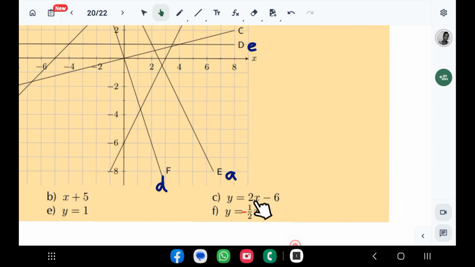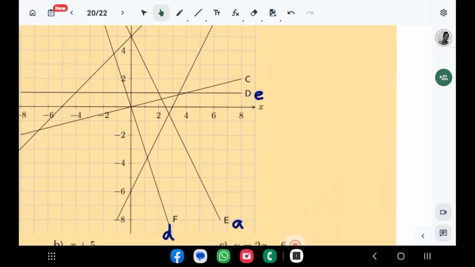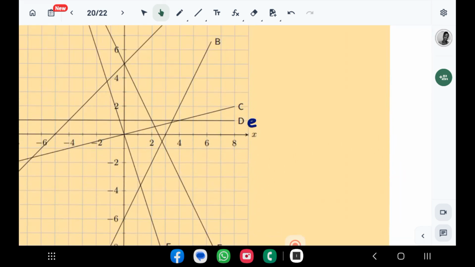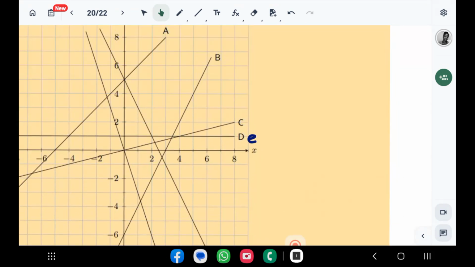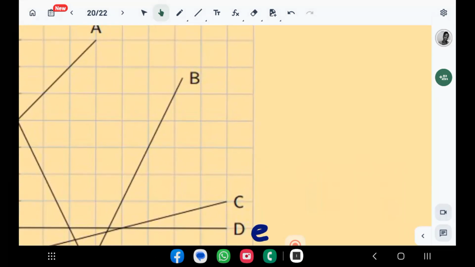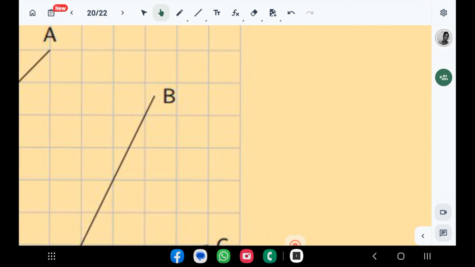And it's a positive graph. So you go 2 up, 1 to the right. 2 up, 1 to the right. Yes, it does match. So number B matches with C.